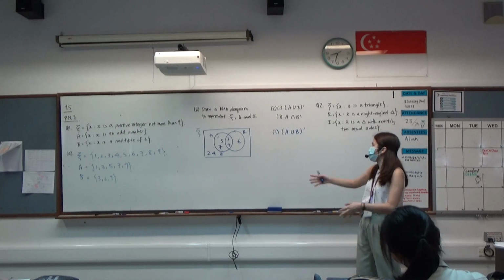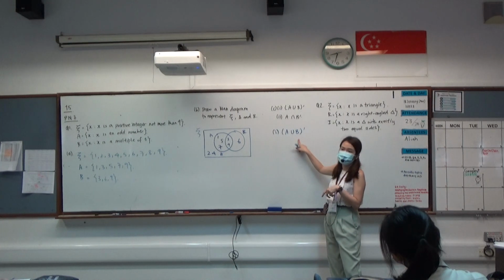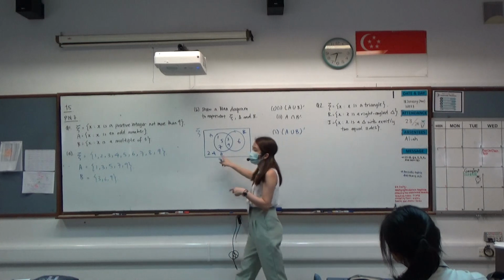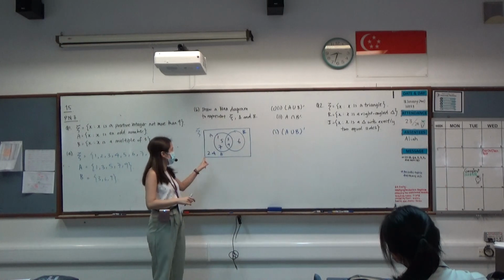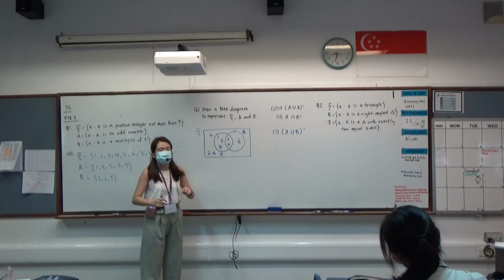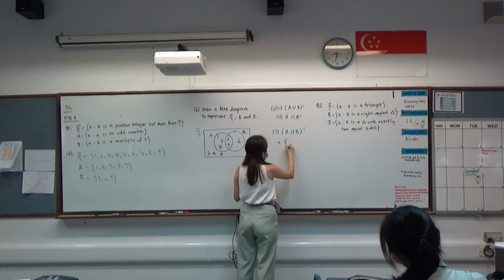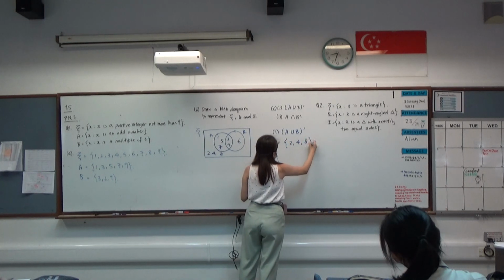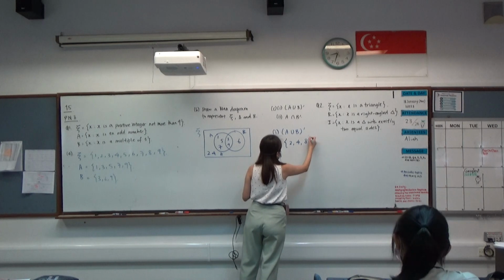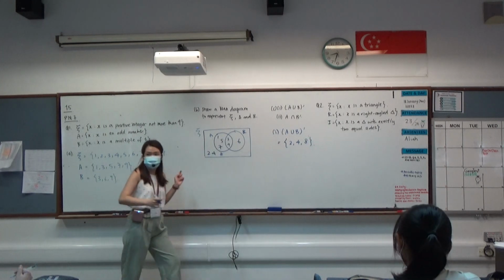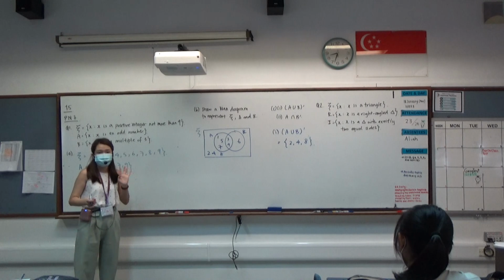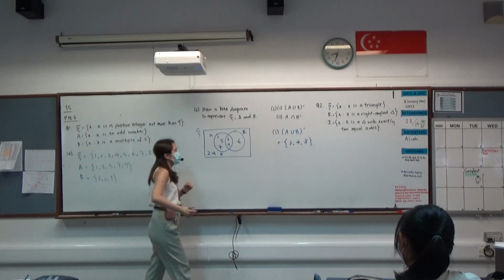Outside of what? Outside of our A union B. So in actual fact, when we look at (A union B)', we are actually looking at 2, 4, and 8 as the elements of this set. Are we clear? Any questions?